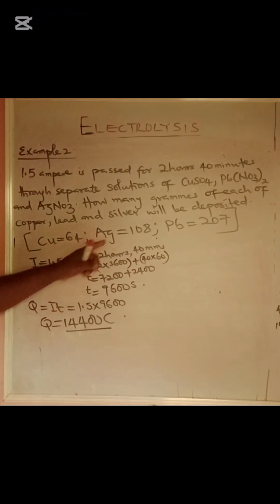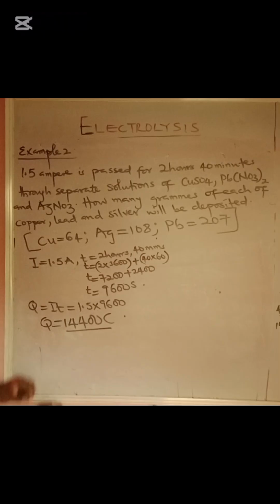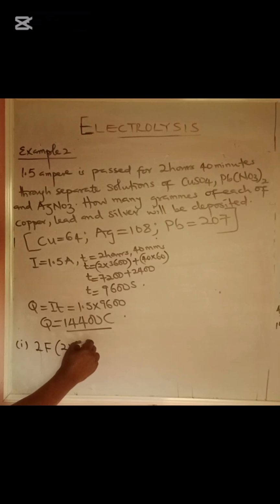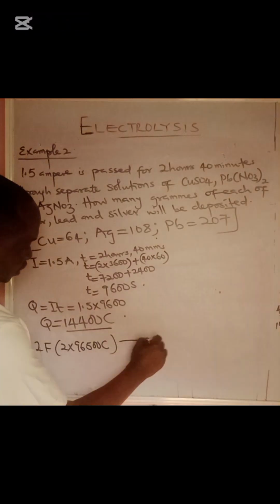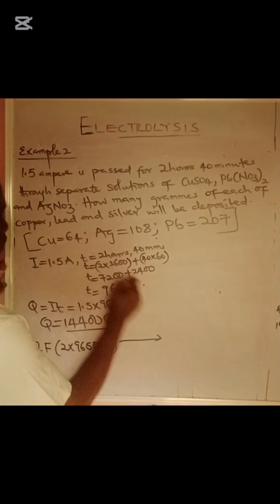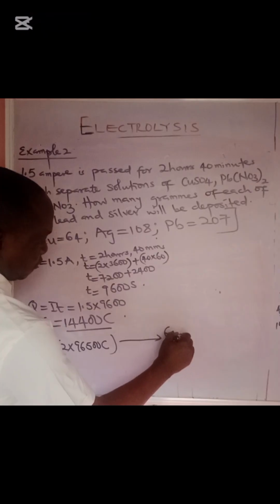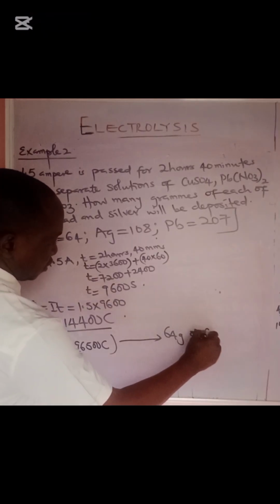So let's start with the first question, Roman figure 1. We want to find how many grams of each. Let's see that of copper. Copper, we say, is divalent, so it will be 2 Faraday. That's 2 times 96500 coulomb of electricity required to deposit 64 grams of copper.